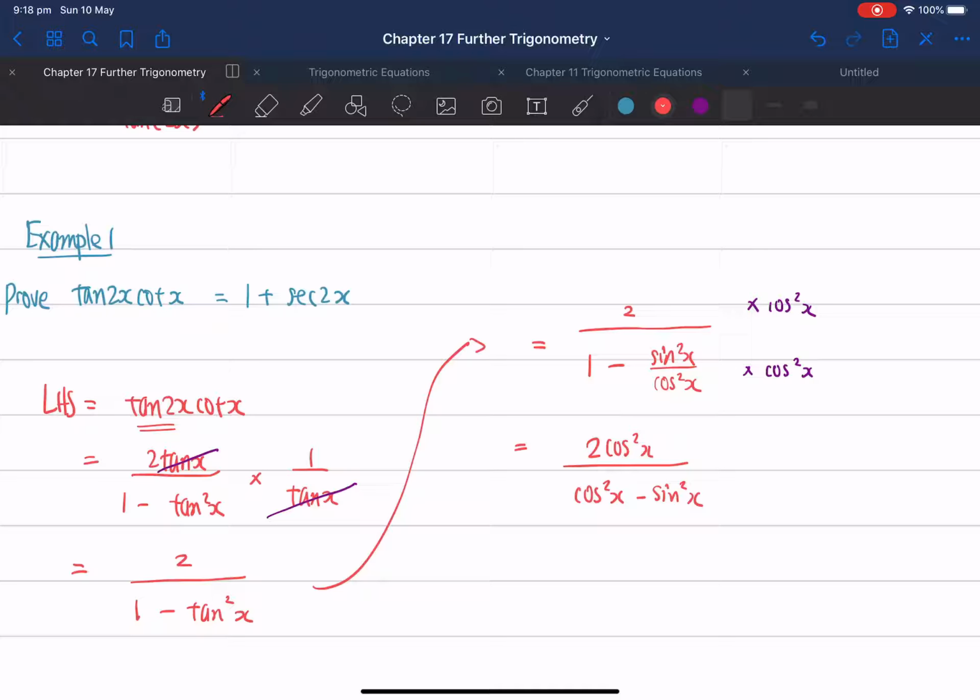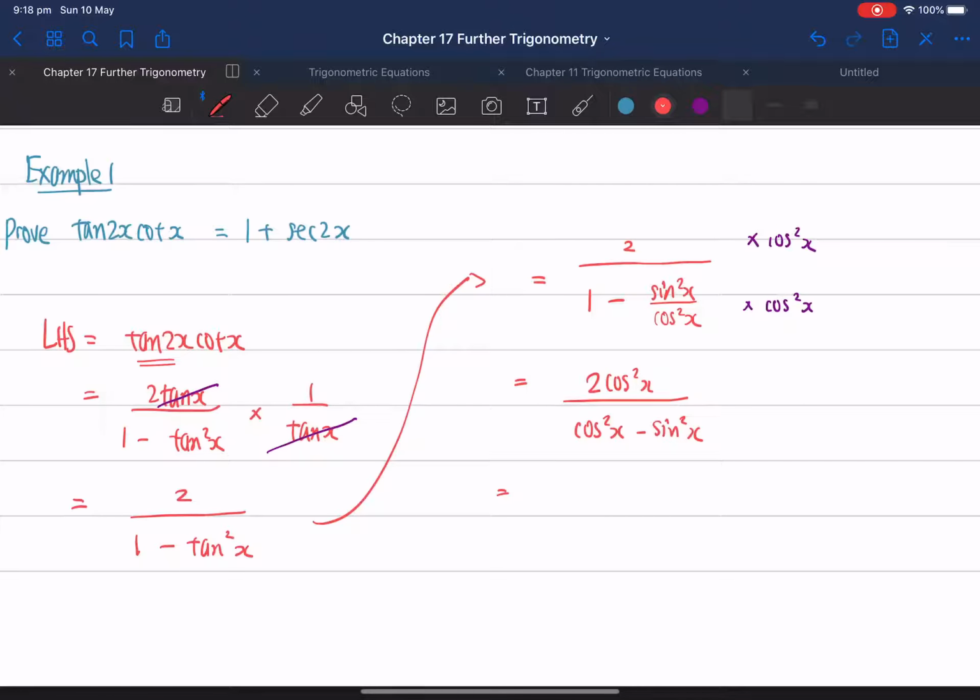Okay, all right, almost finished. So now the denominator is cosine square x minus sine square x, so that becomes cosine 2x. And for the numerator, I just need to do a little trick here because we know that 2 cosine square x minus 1 is equal to cosine 2x.